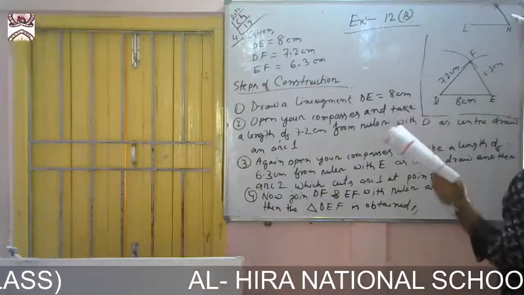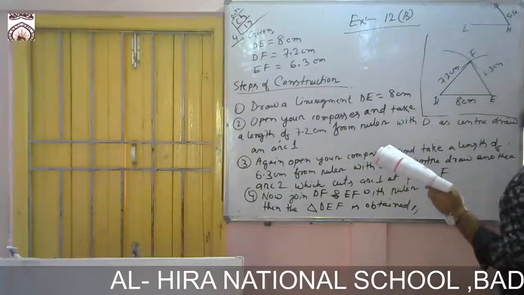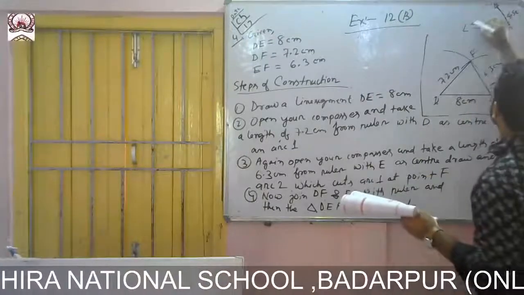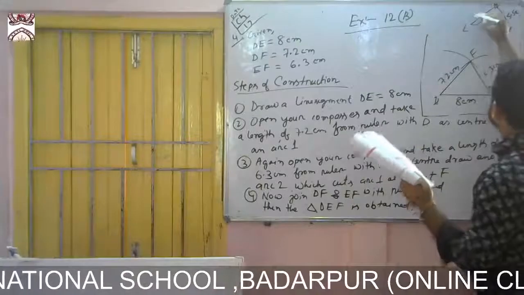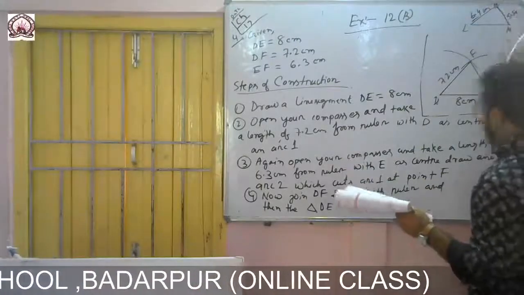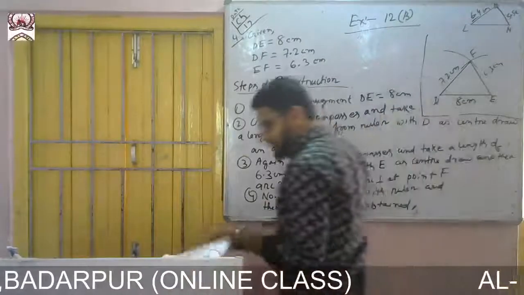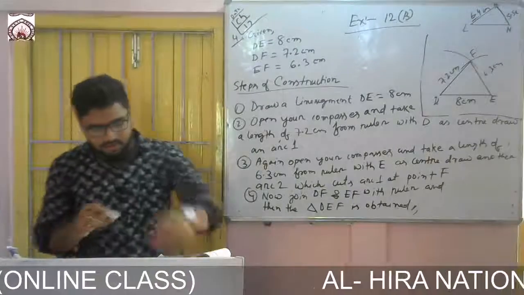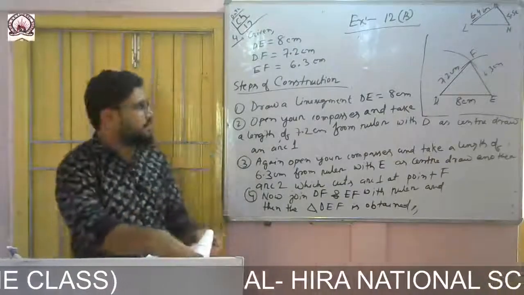NM is 5.5. Then LM is 6.4. By looking at this, I shall draw. This is the rough sketch. Now let us draw with the ruler and the compass.